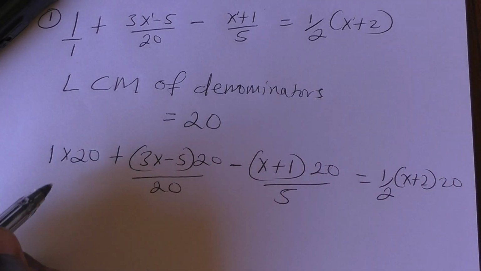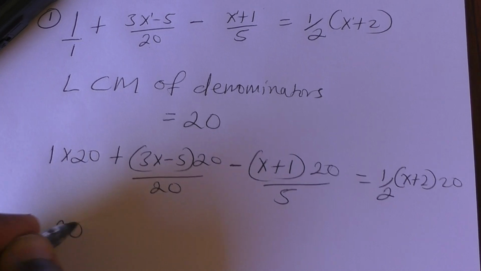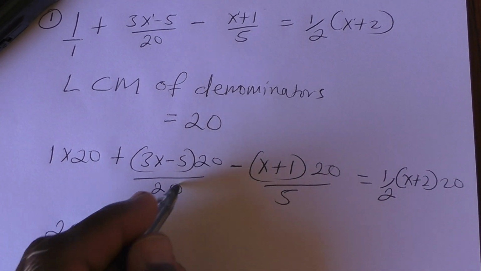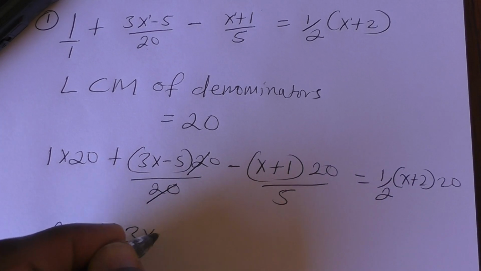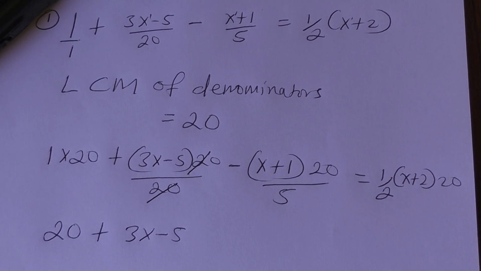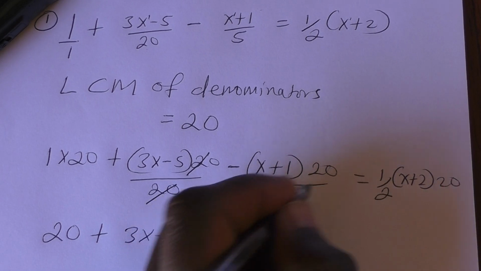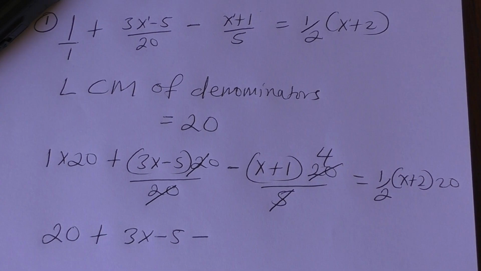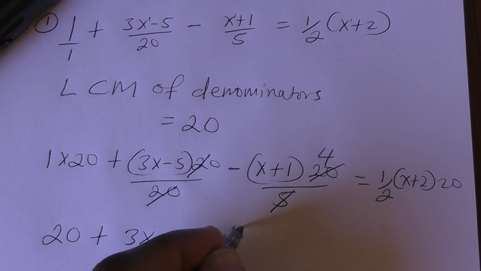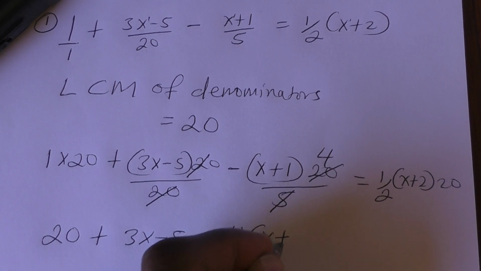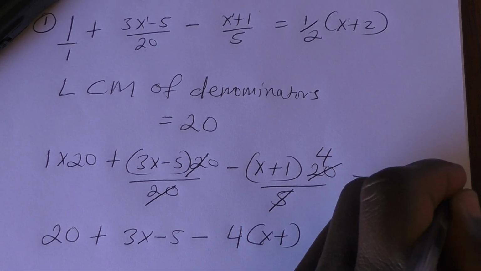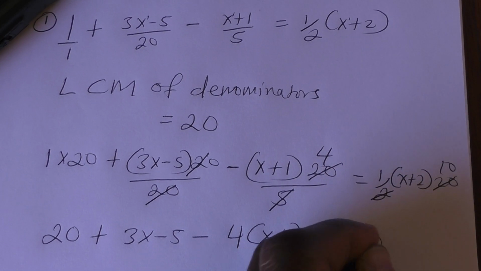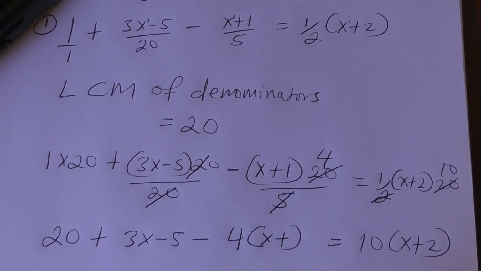So we reduce where it is possible. 20 will cancel with 20, so that we remain with 3x minus 5, minus the 5 reduces 20 to 4, so that we get 4 into x plus 1, equaling to the half reduces 20 to 10, so that we get 10 into x plus 2.